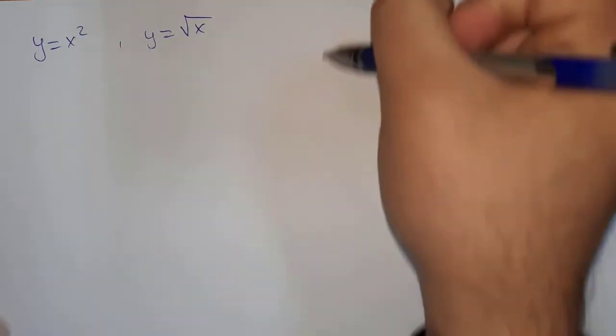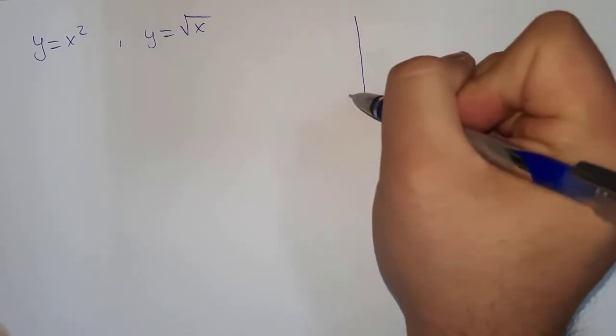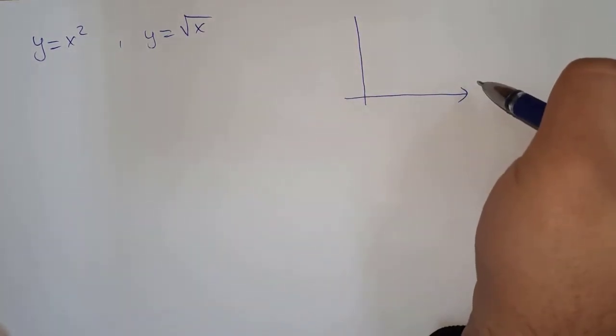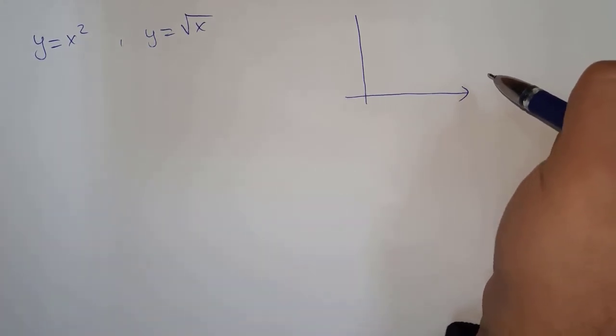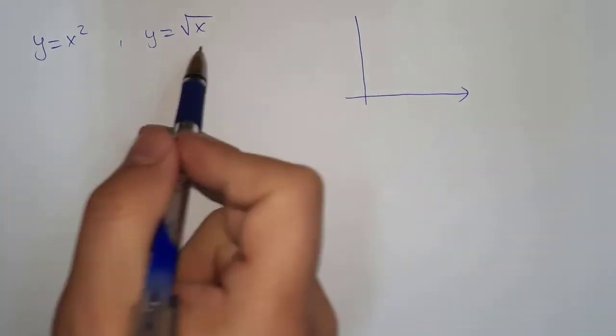So let's firstly draw the graph of these functions. Is the interval given or not? No, we need to find the interval first. To find our interval, we need to equate these two functions.